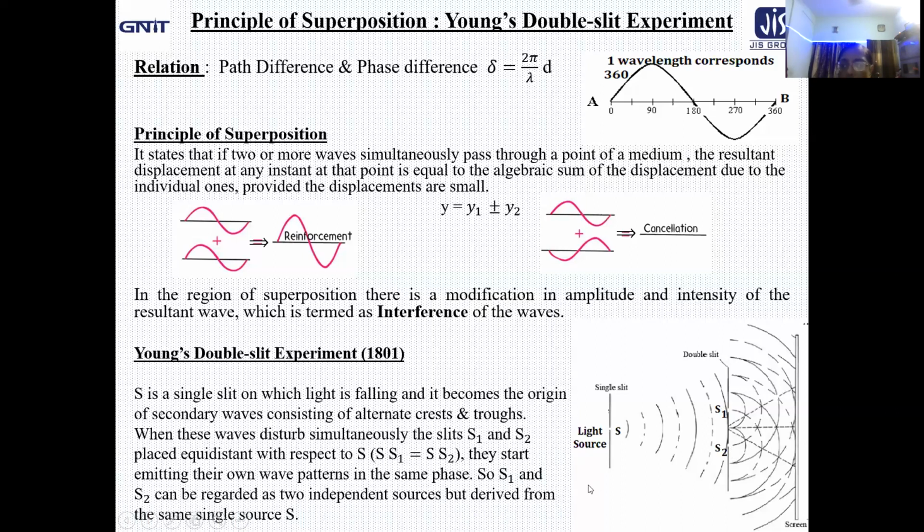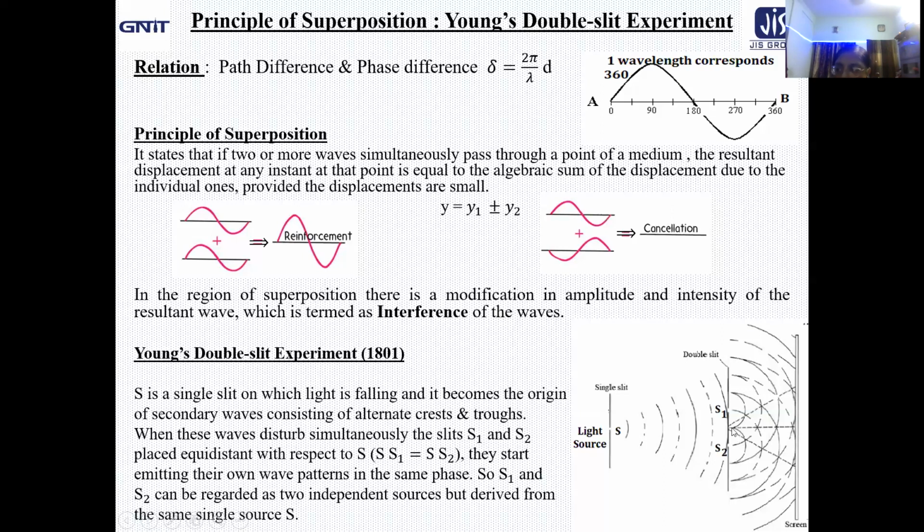Now, what will we find on the screen? It will be found that the screen is intersected by alternate regions of bright and dark bands of equal width, known as interference fringes.